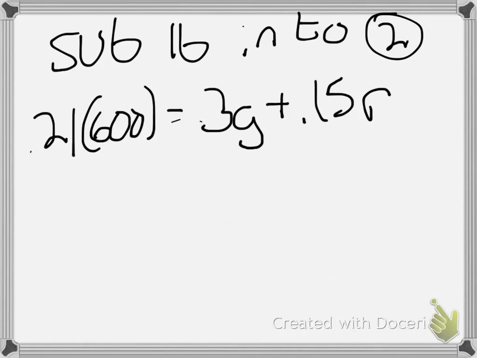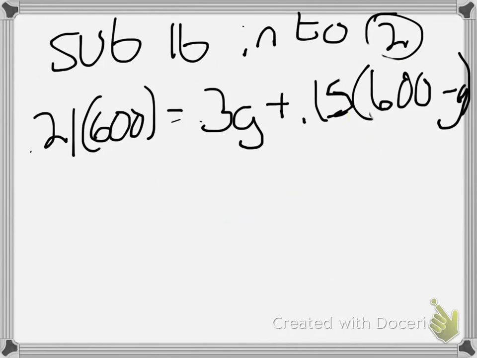And since we are just substituting it, we can simply put in R. Wait, no, we can't do that. 600 minus G. It's okay.